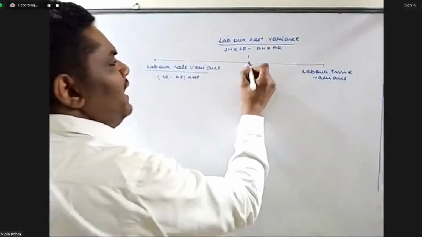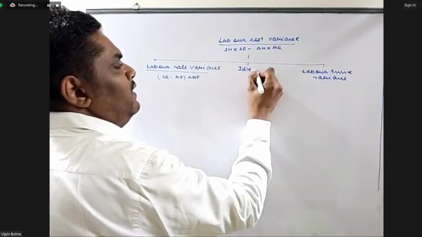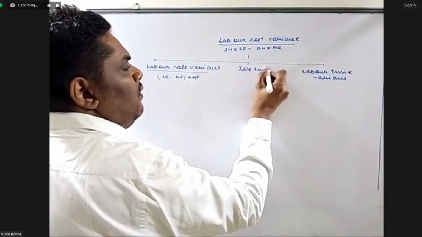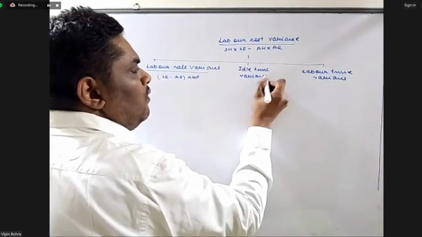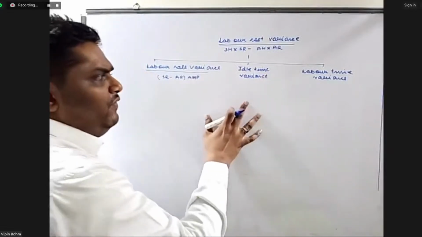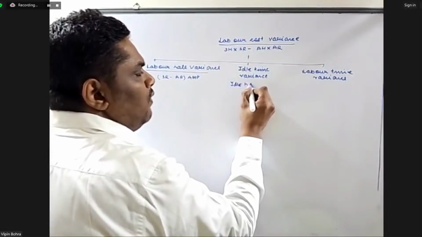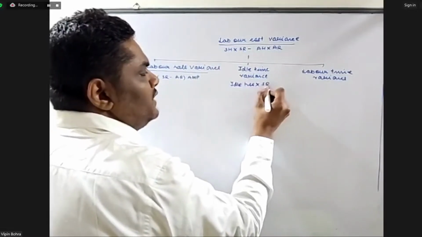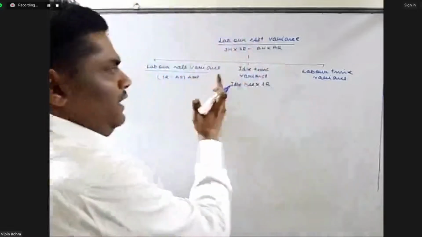Let's say I consider idle time variance here. If I consider idle time variance here, it will be idle hours into standard rate. Now the impact of idle time is removed here only.